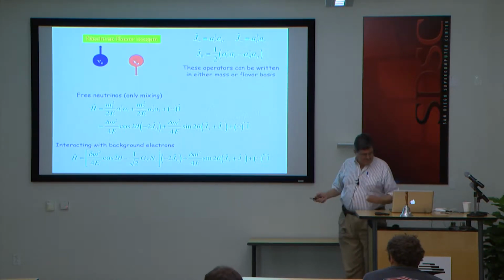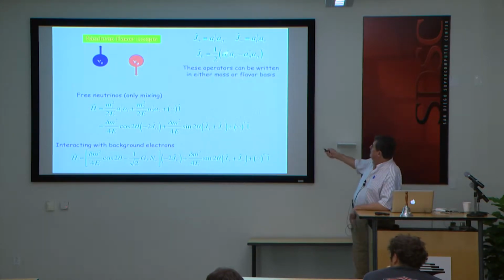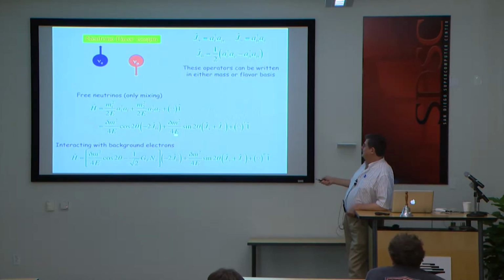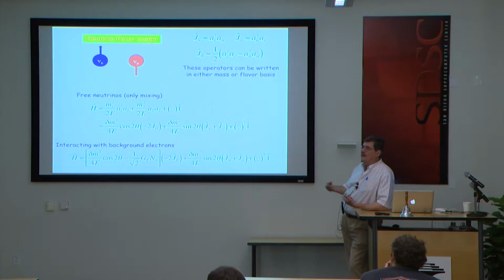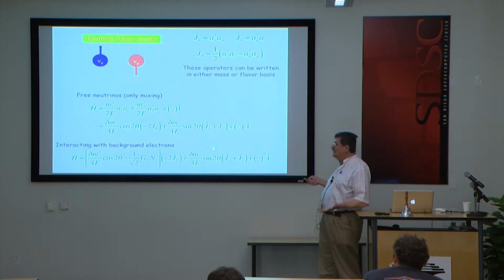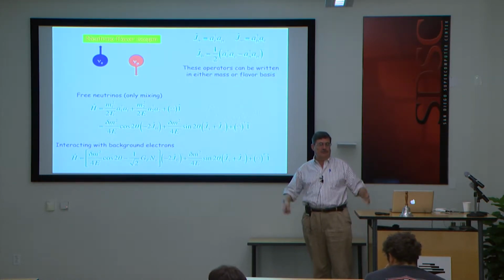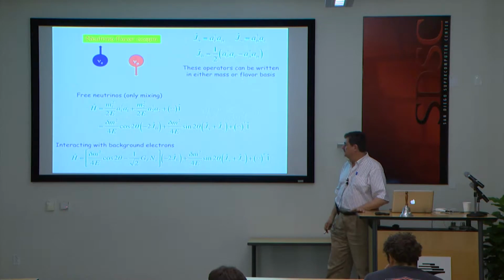Instead of these operators, I'm going to write them in this form. So this is the free neutrino Hamiltonian, and this is not surprising because if you simply take the 2x2 representation of the angular momentum operators, then you get the simple 2x2 neutrino mixing matrix that you had seen. So this is quite straightforward.